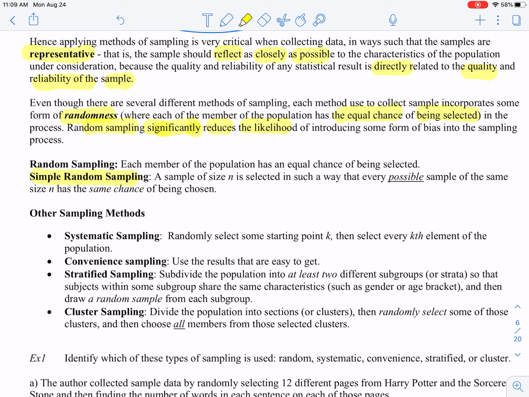We're just going to focus on random sampling, where each member of the population has an equal chance of being selected, whereas simple random sampling is where every sample of size n has an equal chance of being selected. It's slightly different, but not that important.